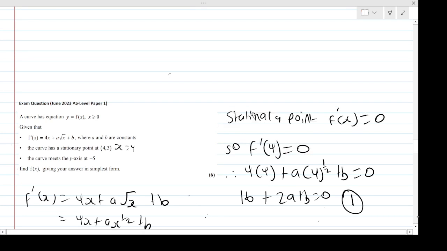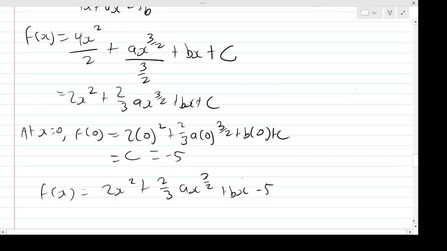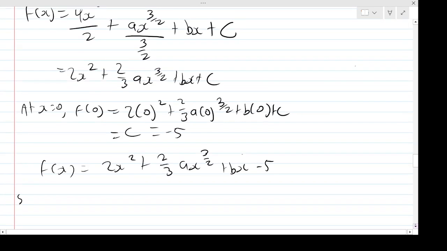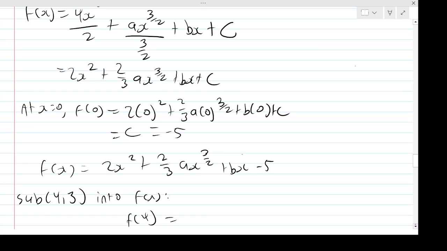I'm going to sub the coordinate (4, 3) into f of x, because it lies on the curve. So f of 4, because x is 4 here, is 2 lots of 4 squared, add 2/3 of a lots of 4 to the 3 over 2, add b lots of 4, minus 5.